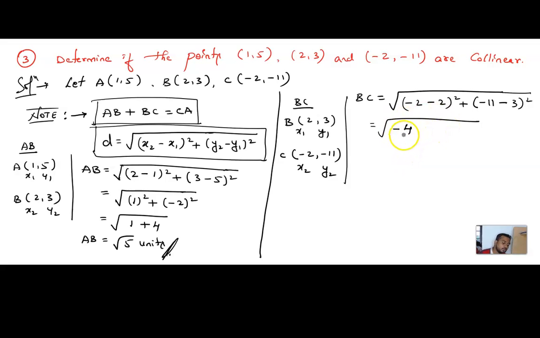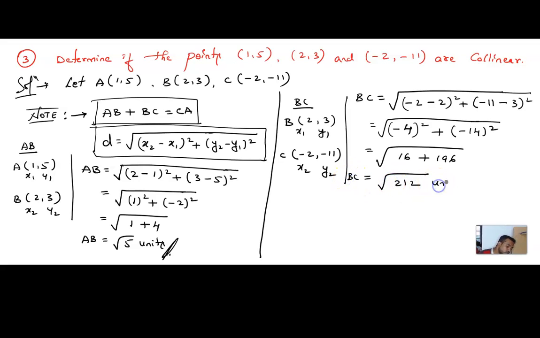So minus 2 minus 2 is minus 4 whole square, plus (minus 11 minus 3), minus 14 whole square. So root of minus 4 whole square, that is 16, plus minus 14 whole square, minus into minus is plus, 14 14s are 196. So root of 16 plus 196. How much, children? 16 plus 196 is 212. So BC is equal to root 212 units. Can you reduce 212? Let me check, children.